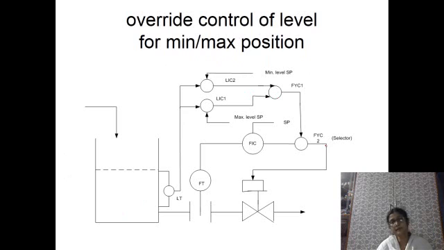So this is for delicate systems where minute changes in the process variable may affect the production. Otherwise, if it works with the feedback control arrangement, why would we use so many devices, two controllers, two selectors?